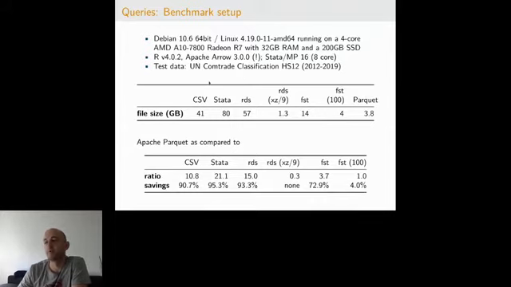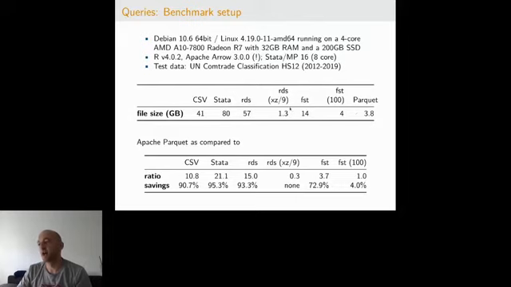We used a subset of the EU Comtrade, and the first table gives you an overview of the file sizes that are generated by a few different formats. So here we not only compare comma-separated files or Stata files, but also the RDS file format that is included in base R, and also the FST format from the FST package that also uses a very fast compression algorithm.